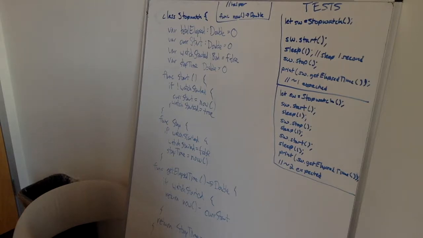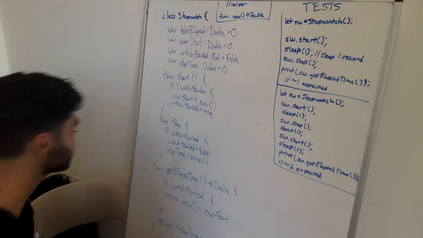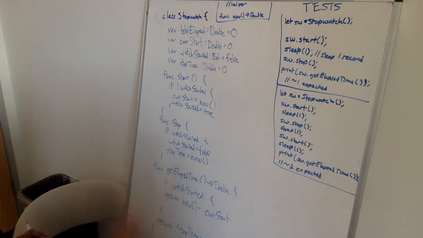Oh wait, I'm not even using the total elapsed. I forgot about that. That was the whole point. Okay, so every time we stop, we need to add to the total elapsed.